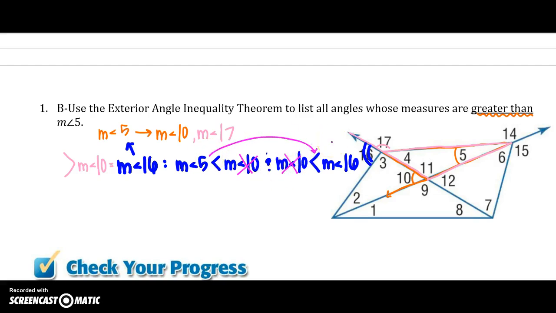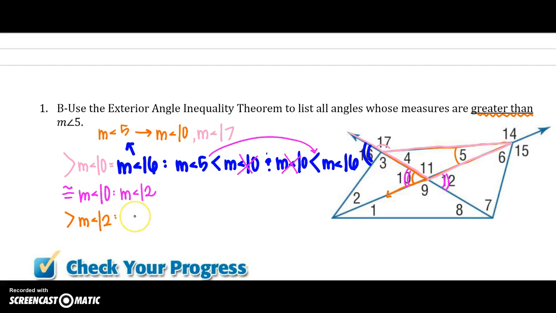Another one that you may see: is there anything congruent to the measure of angle 10 that we could also consider 5 being less than? Notice that 10 and 12 are vertical angles, so 12 would also be in that grouping of greater than 5. Is there anything greater than 12 that we just found?